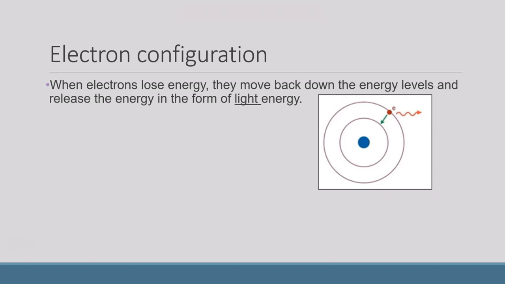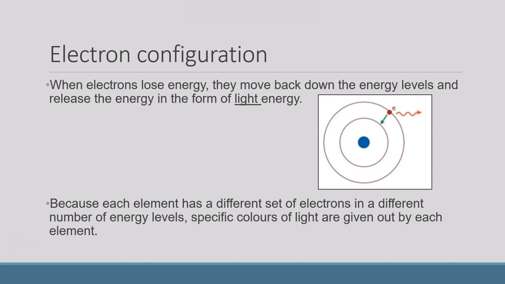So an atom that's absorbed energy, say heat energy or electrical energy, and has had the ability to jump up onto the next energy level, well, when it loses that excited state and wants to go back to its ground state, that energy needs to be converted into other forms of energy. It can't just disappear, and that energy gets converted into light energy.